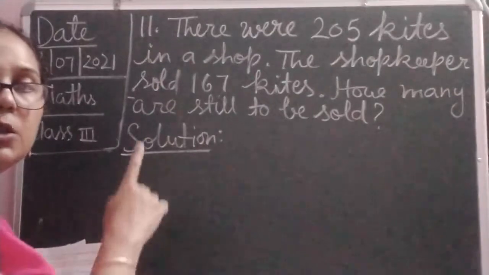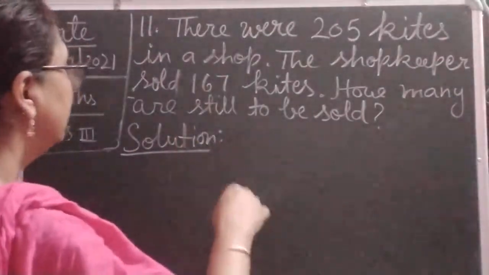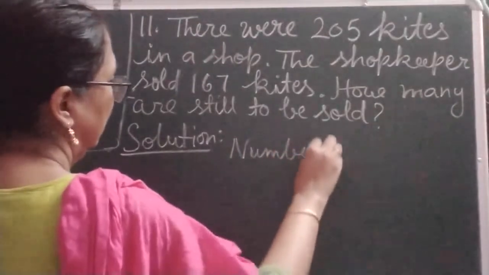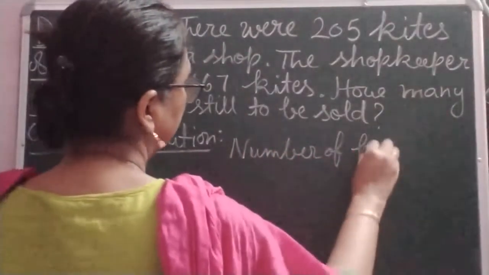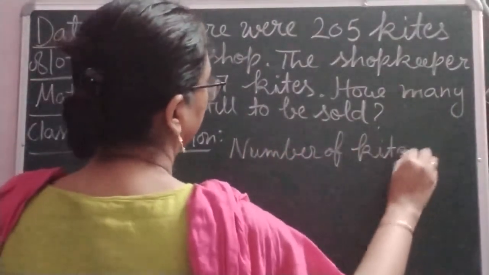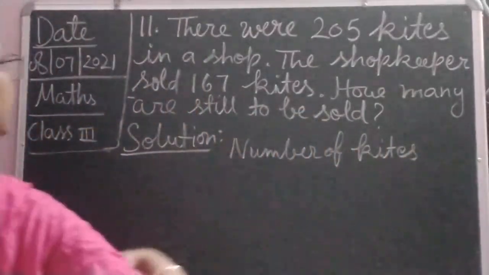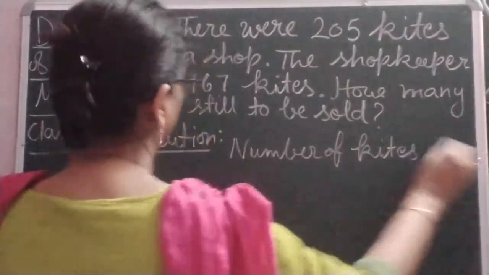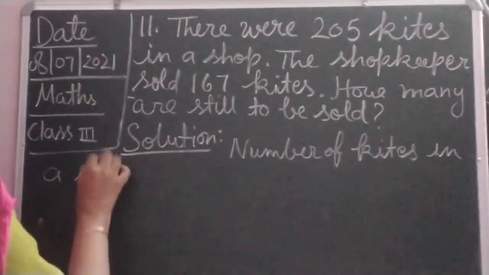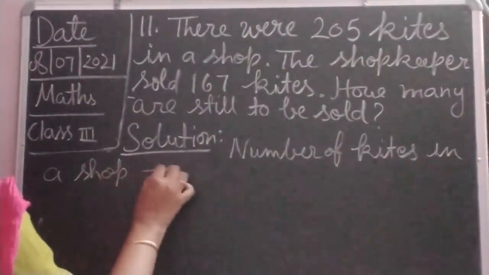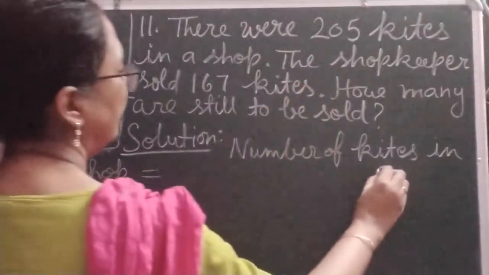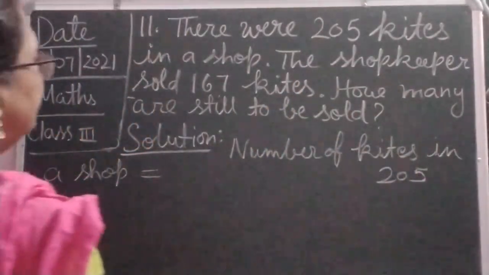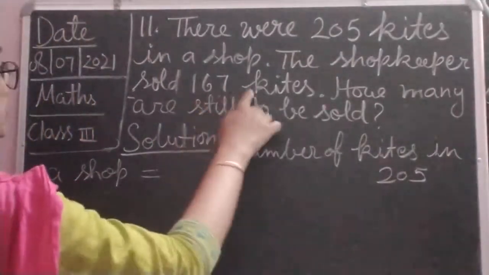There are 205 kites. So first we will write number of kites in a shop, children, equal to 205. Okay, the shopkeeper sold 167 kites.